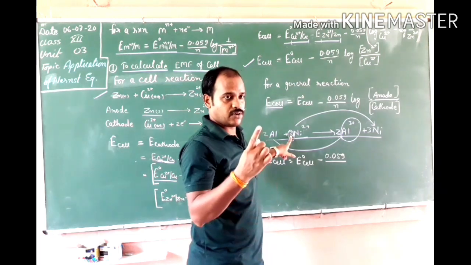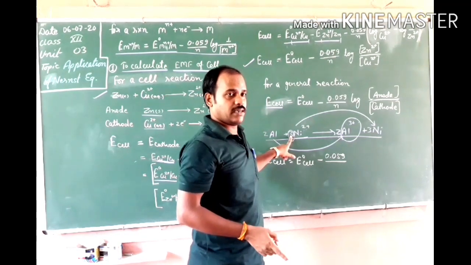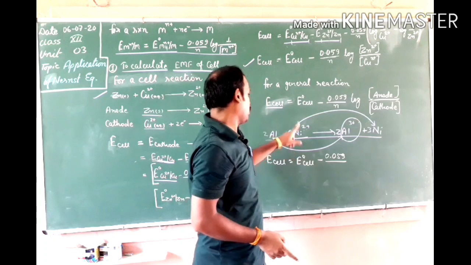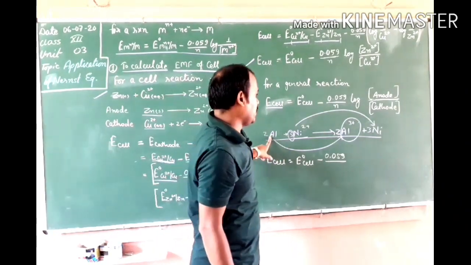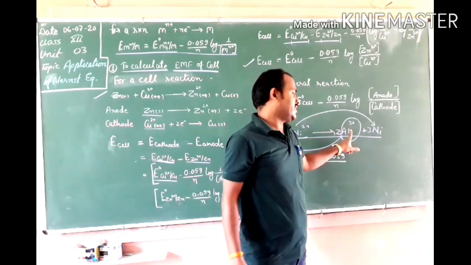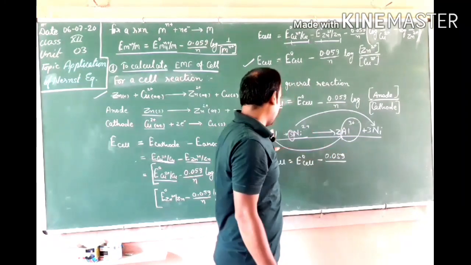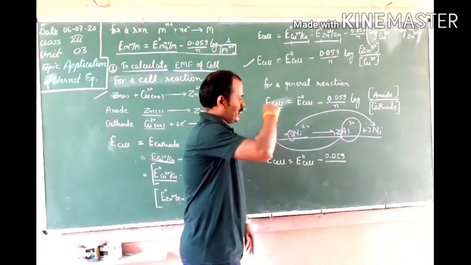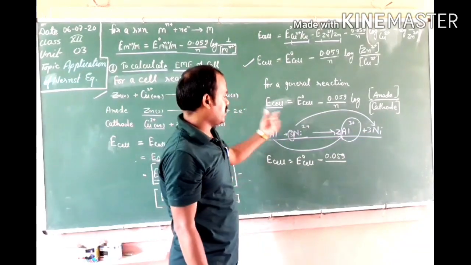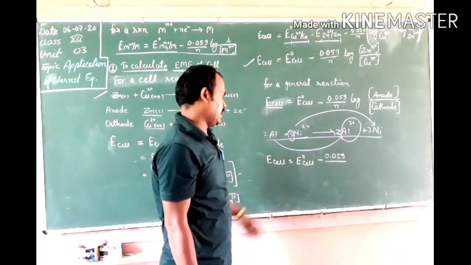So now the number of electrons involved in this reaction is 6. Or from aluminium, we can understand it: one aluminium is losing 3 electrons, so 2 aluminium will lose 6 electrons.